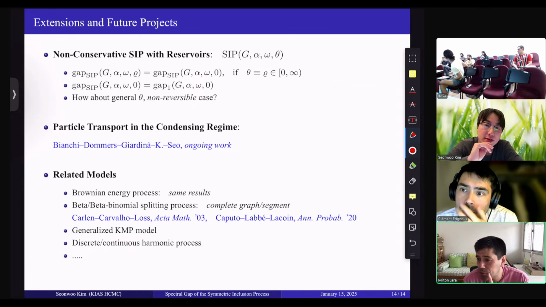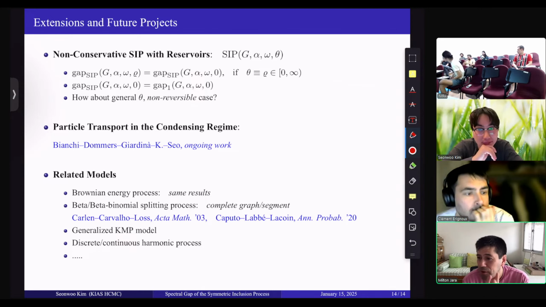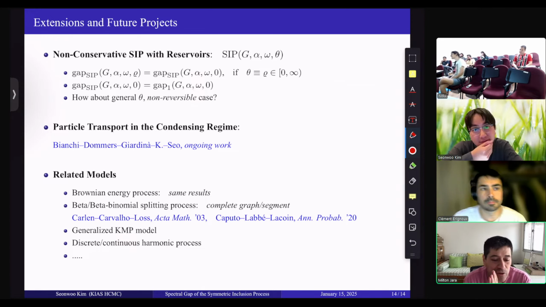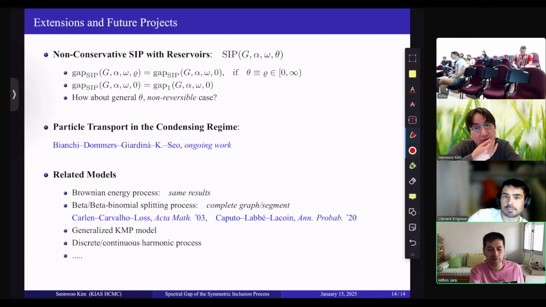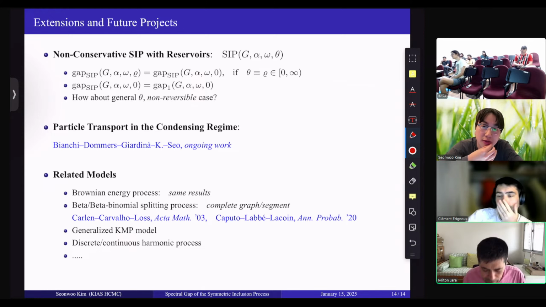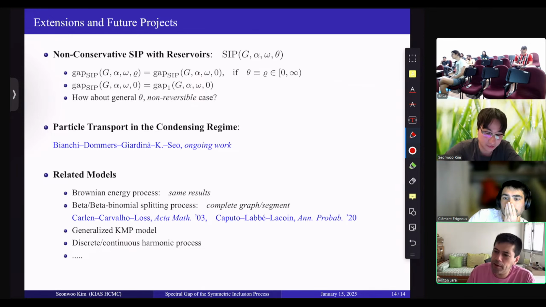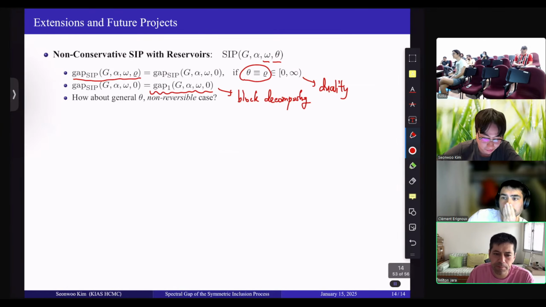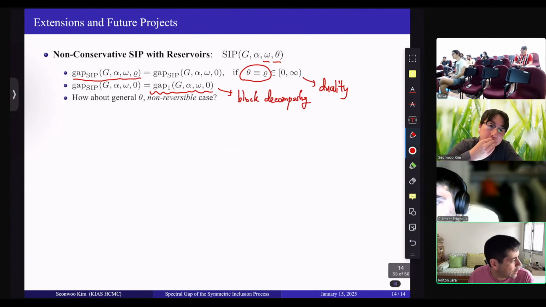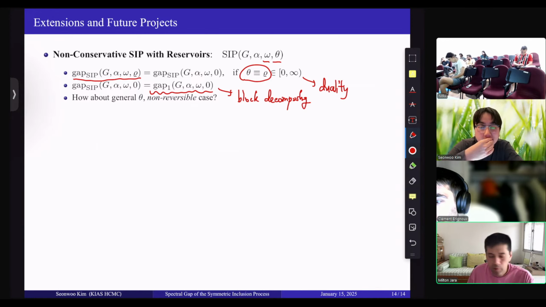So I have one more question, if you allow me. Please. I think you mentioned Carlo Carvalho's laws, no? So Pietro has a method in this paper in Alea to relate the spectral gap on n sites to the spectral gap on 3 sites.